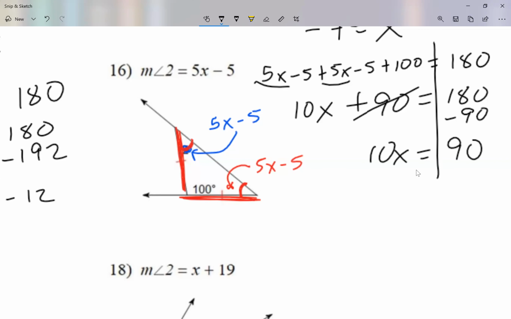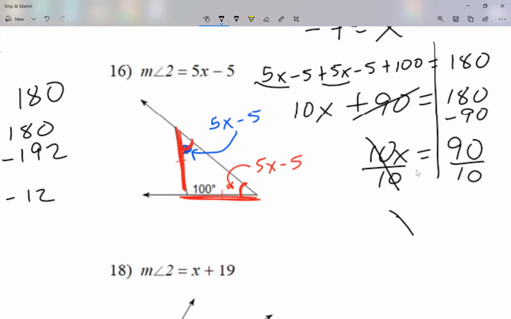Oh, I see a number in front of x. You guys see that 10? Okay, I see a number in front of x. So let me divide both sides by 10. Because 10 divided by 10 is 1. So 1x. 90 divided by 10 is 9. Okay, so x is equal to 9.